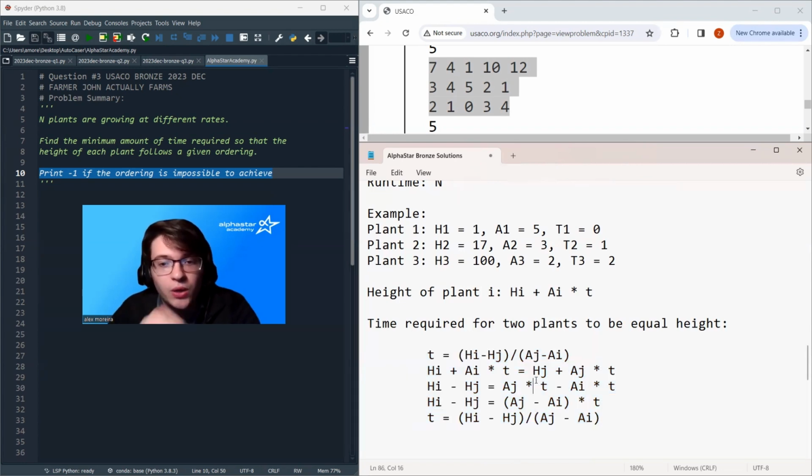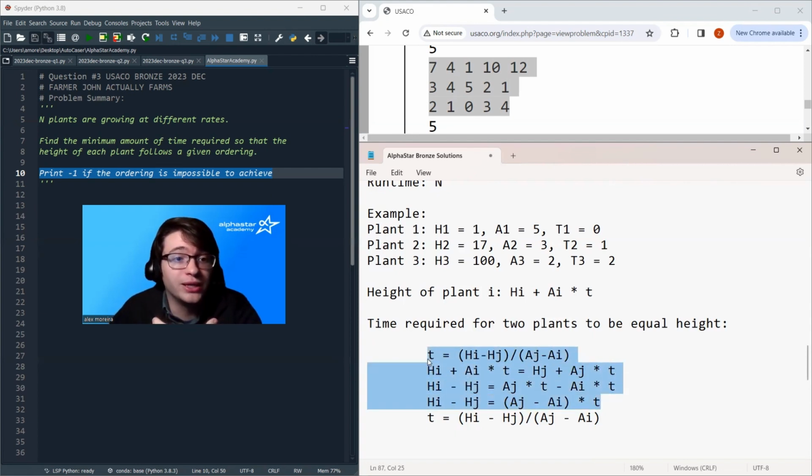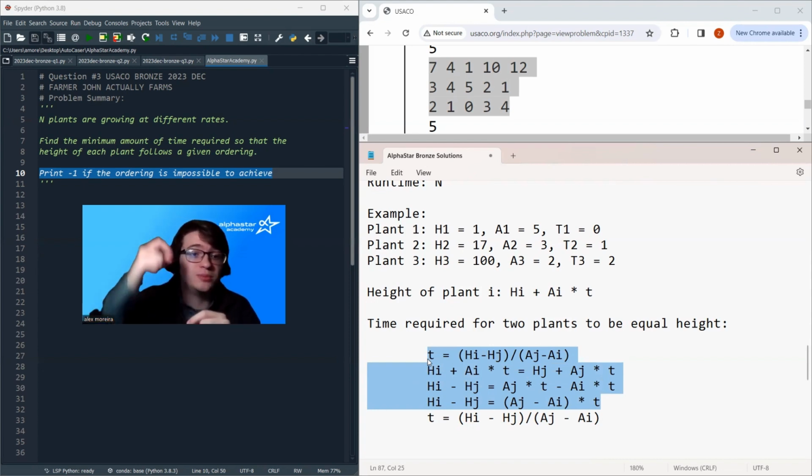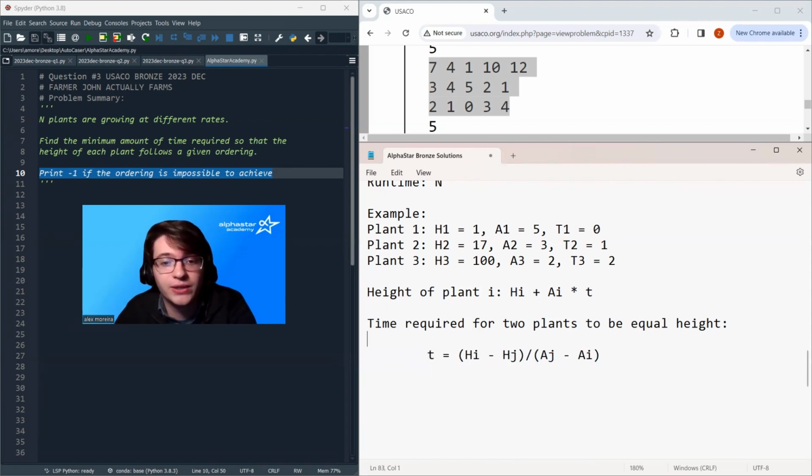So now that we know how to calculate the time required for two plants to be of equal height, that's going to help us calculate the time required for one plant to be just a hair taller, right? So the idea, let's apply it to these plants. So we're going to start off with plants 1 and 2.